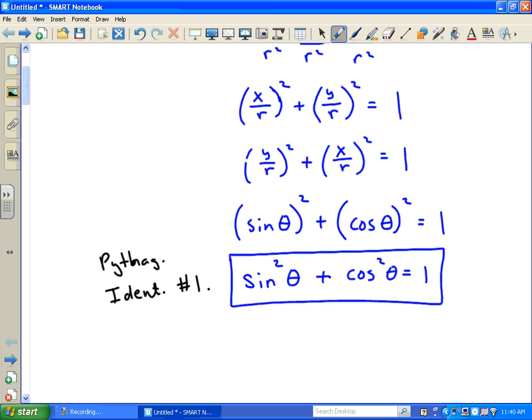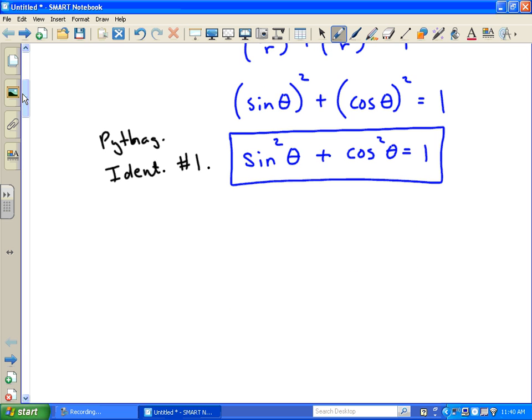Now, the other 2 can be proven in a similar way, but for the sake of time, I'm just going to state the other 2. Okay, so Pythagorean identity number 2 states that 1 plus tangent squared is equal to secant squared.